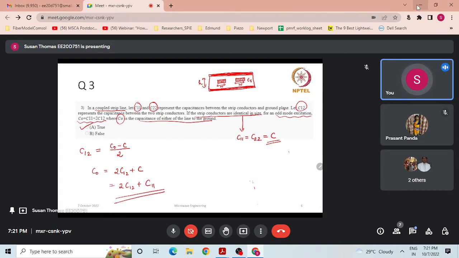Hope you have gone through the lectures wherein coupled strip line is explained in detail, including how to calculate the capacitance between the two strip conductors. So it is C0 minus C by 2.